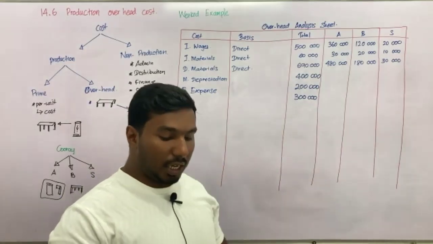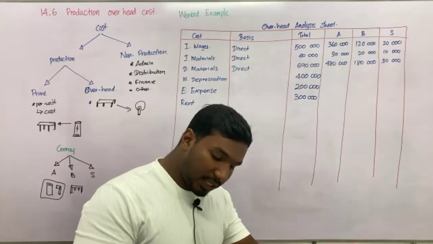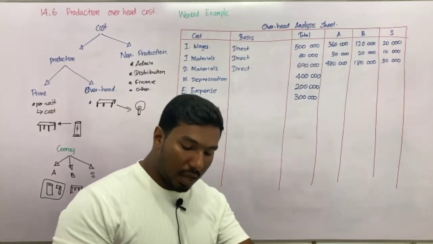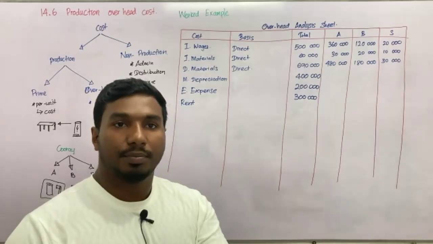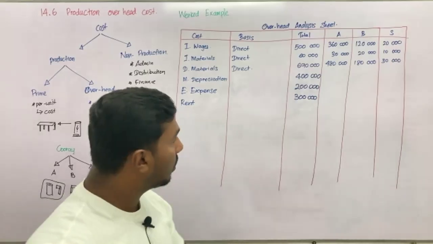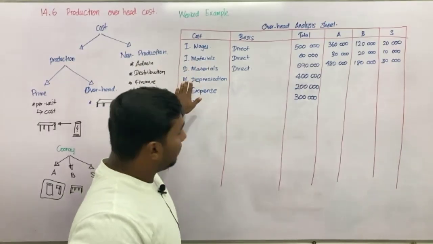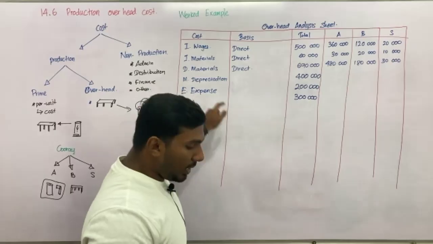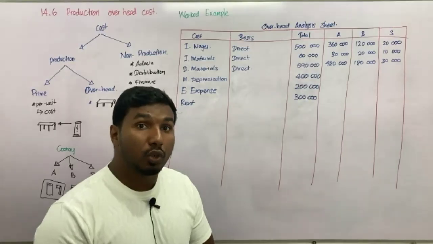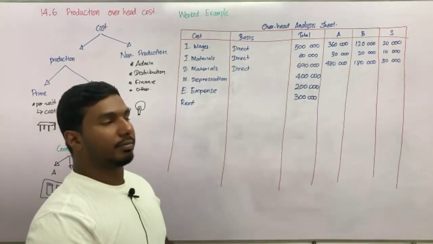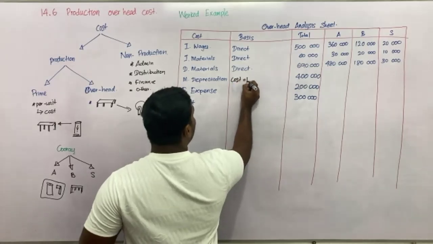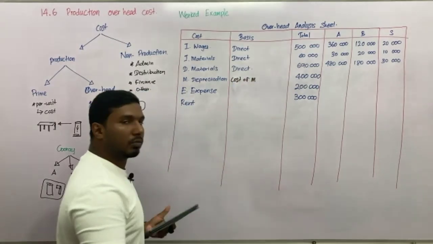See, in the table there is the cost of the machine, the area, the number of employees, and the direct labor hours. So in a logical manner, you can tell that machine depreciation can be appropriated based on the cost of the machine. Simple, right? That will be the logical appropriation, cost of the machine.